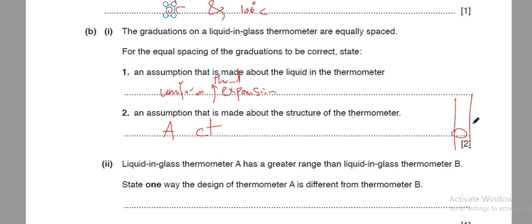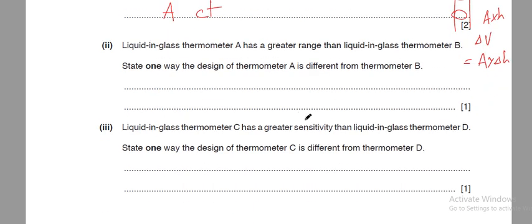Okay, so the cross-section should be the same along the wall of the liquid and gas thermometer, and volume is A times H, so an increase in volume means an increase in H only.